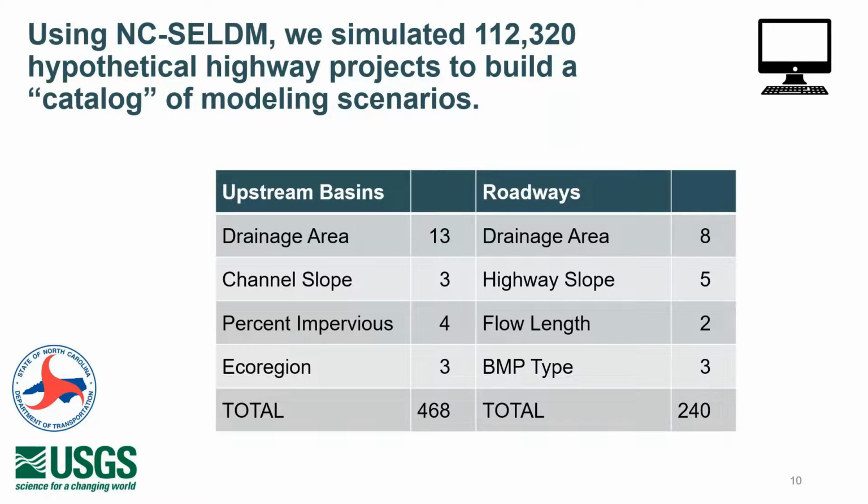So in total, 468 upstream basins crossed with 240 highway combinations gives us the 112,000 that we were building a catalog off of.